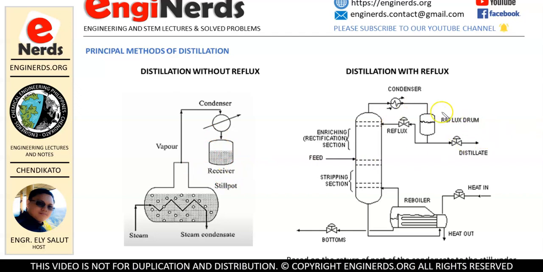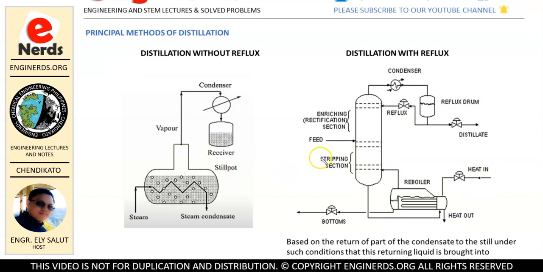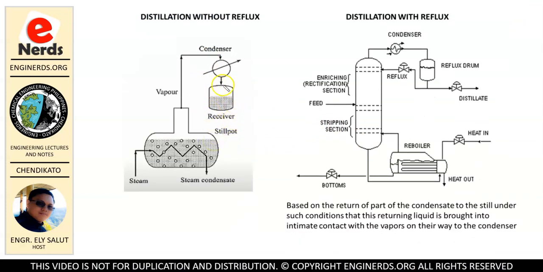While in here, as you can see, the condensed vapor we collected is split into two paths. One is collected as the distillate, while the other is returned to our still as a reflux. So that is the difference between our two processes. Here, after condensation, we will just receive it and collect it, and this is what we call our distillate.